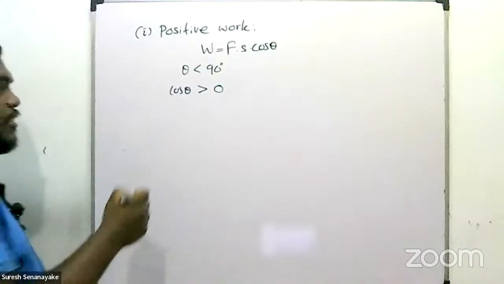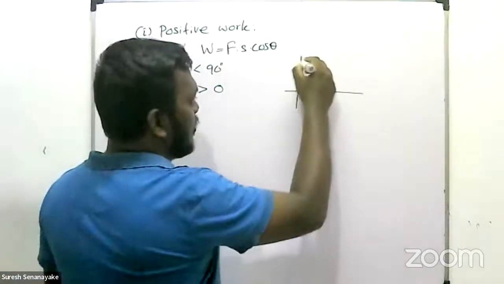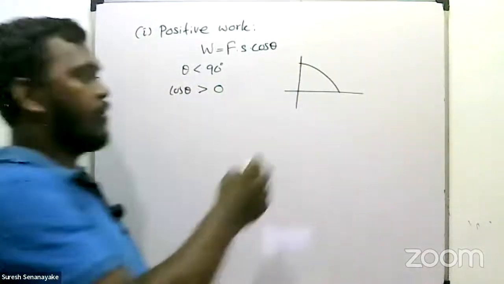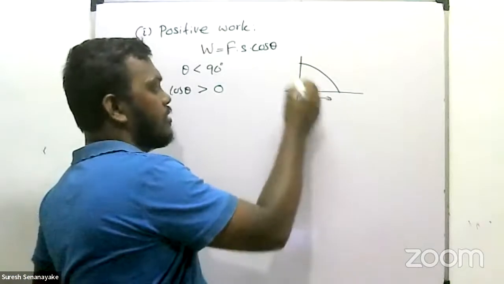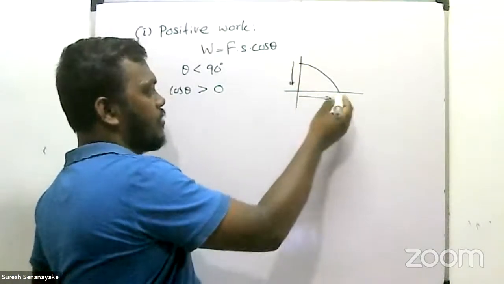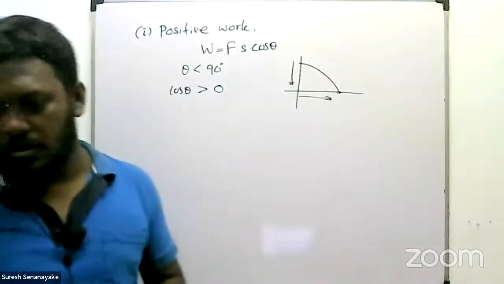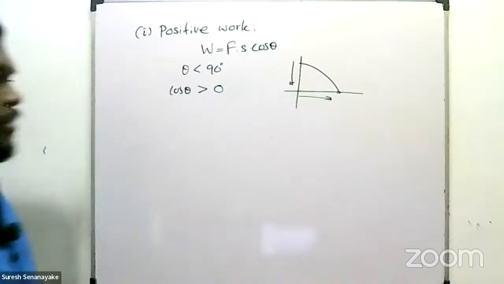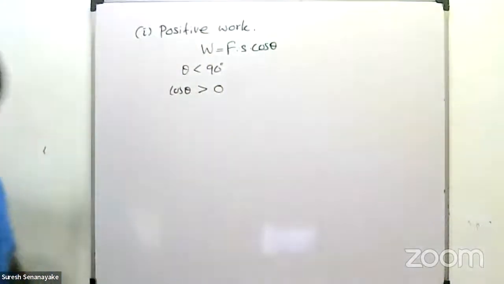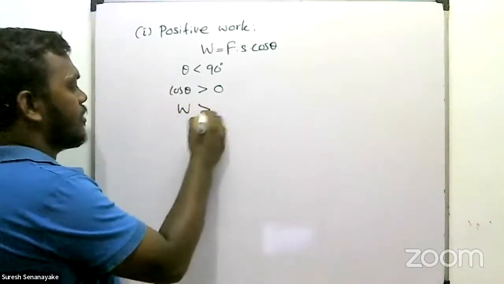The cos theta function reduces as theta increases, so as theta increases, cos theta decreases up to 0. That means the cos theta values are greater than 0 up to 90 degrees, right? So then only we can say that W is positive.